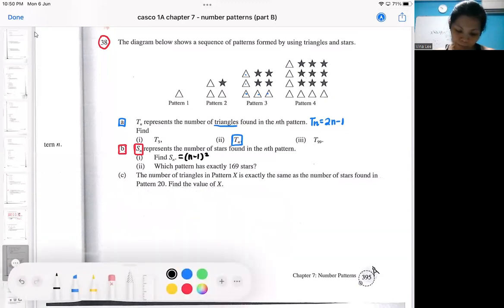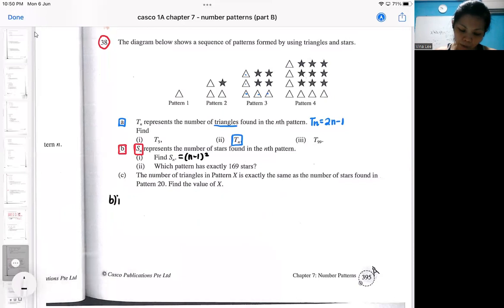So for B part 2, a lot of people couldn't do. Because when they say which pattern, that means which pattern has exactly 169 stars. So you set the formula to 169, throw over the square.